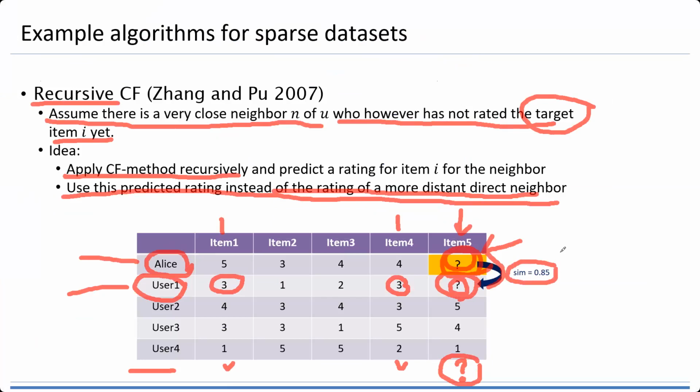I can use Alice's prediction method to predict this one, and then check Alice and this user 5. If it is similar, then I can use the same way to predict item 5 based on item 4 and item 2. And yes, we do it recursively.